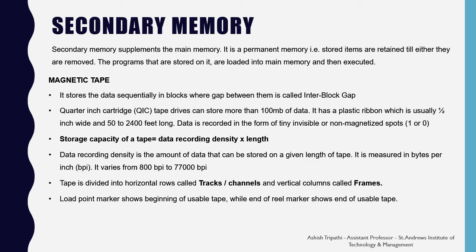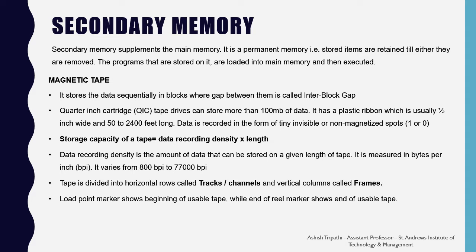Storage capacity of a tape can be found from the formula: data recording density multiplied by the length of the tape. Data recording density is the amount of data that can be stored on a given length of a tape. It is measured in bytes per inch (bpi), and it varies from 800 bpi to 77,000 bpi.